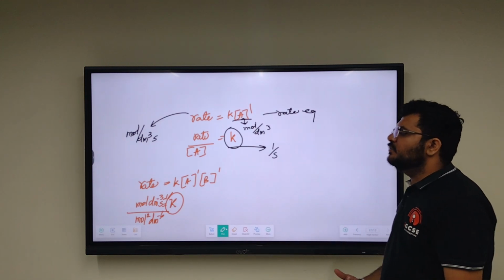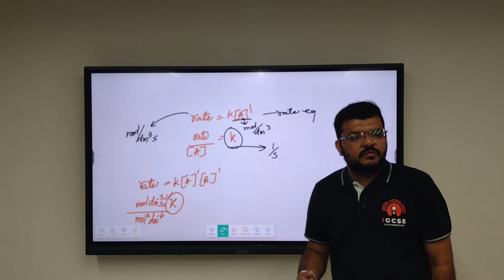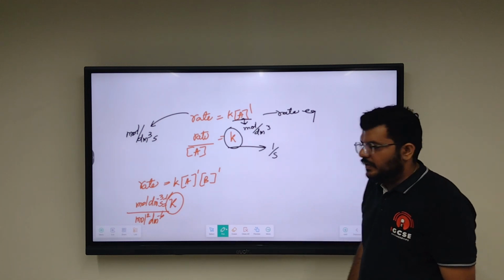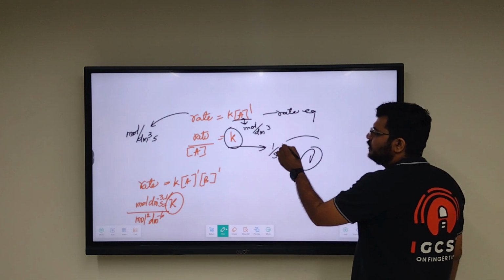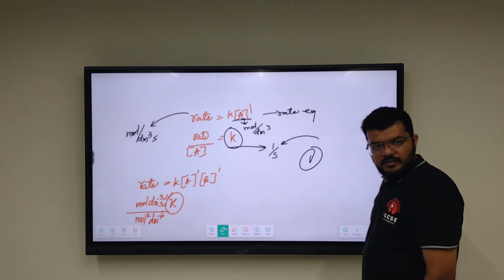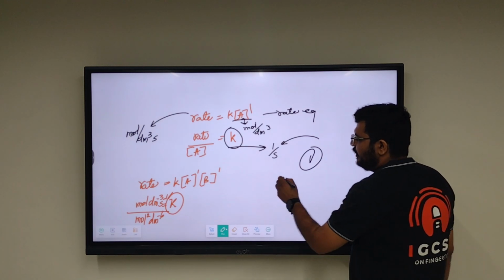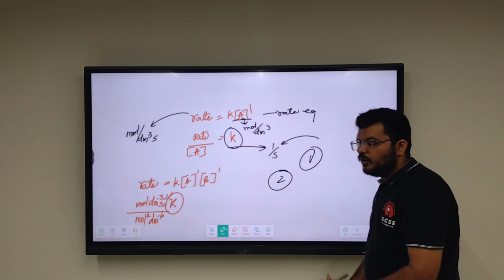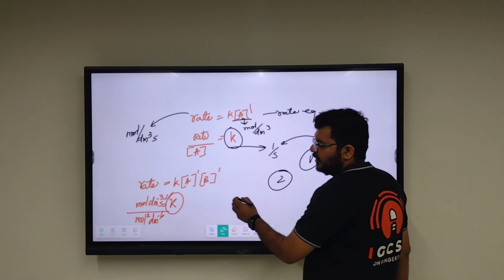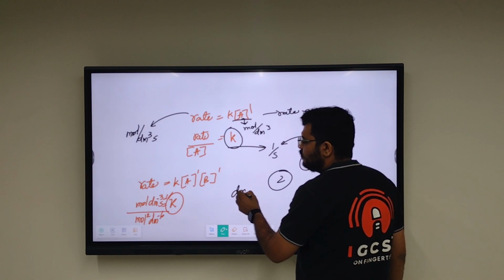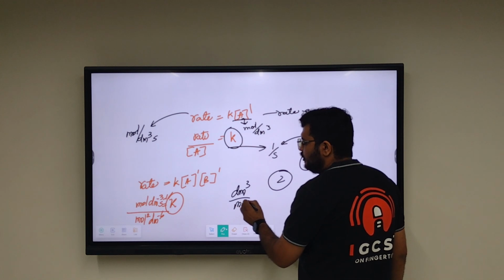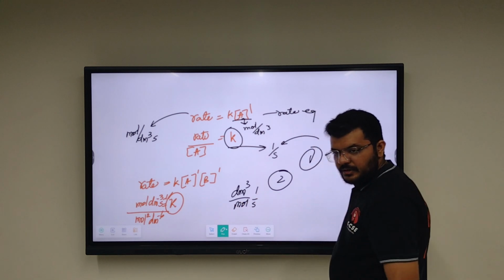From the overall order also you can get a hint about what will be the unit of k. When the order is 1, the unit is 1 per second. When the overall order is 2, it will be dm cube upon mole into 1 by second.